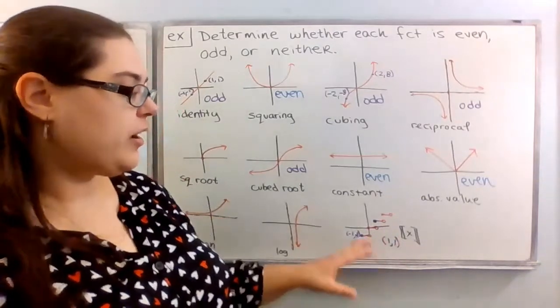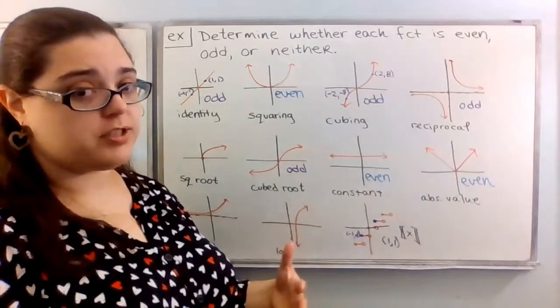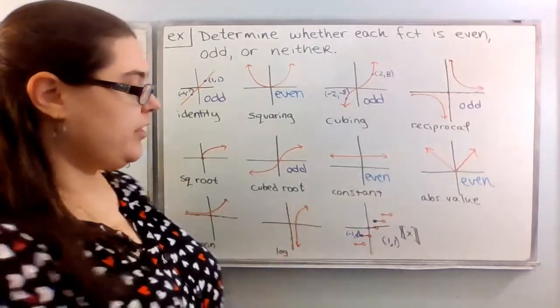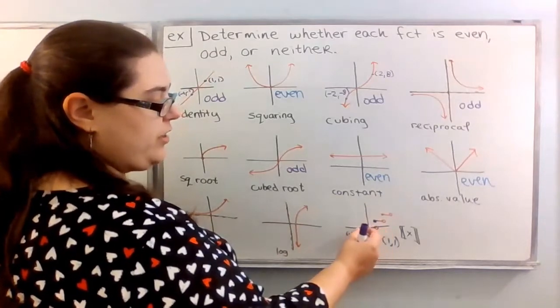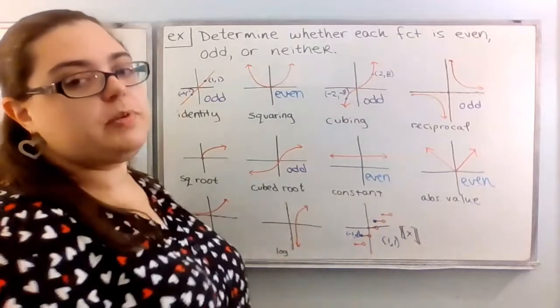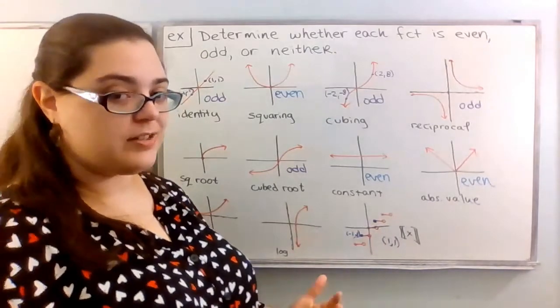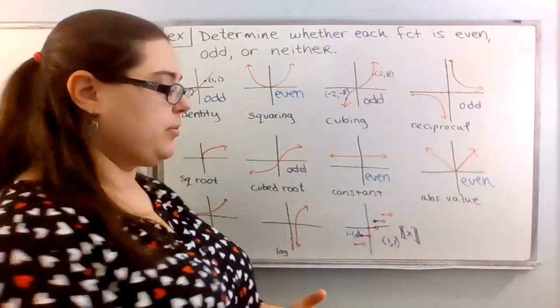However, something about the graph of this function seems a little bit off to me with regards to that symmetry. This line segment here is on the x-axis, but I don't have anything matching it on the x-axis over here. This is because if we pick something that's not an integer, we'll see that we don't get the pairs to line up properly.